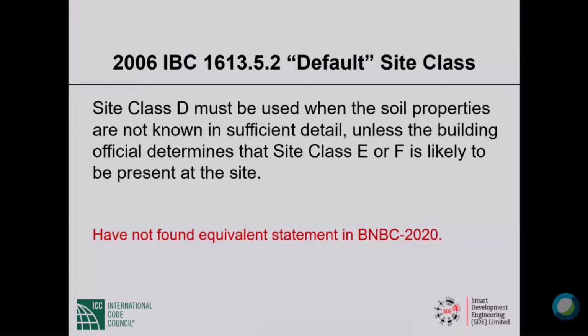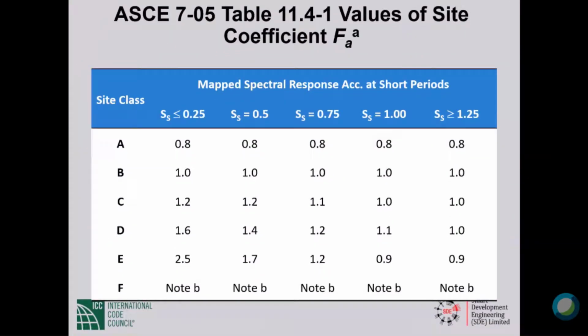And that is not easily done. So in situations where you may not have measurements, IBC gives you this so-called default site class. It's D unless the building official has reasons to think that you have poorer soil, in which case he may insist your default site class has to be E or F. I have not found a comparable statement in BNBC. So apparently you have to find or establish your site class.